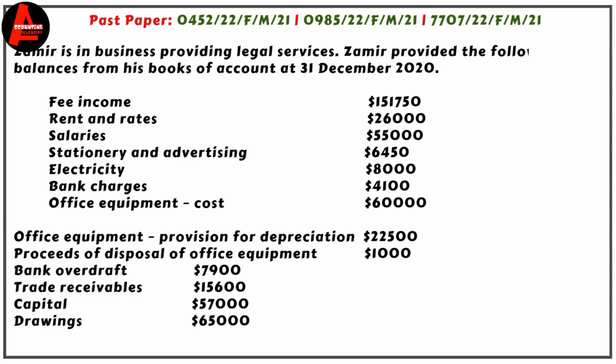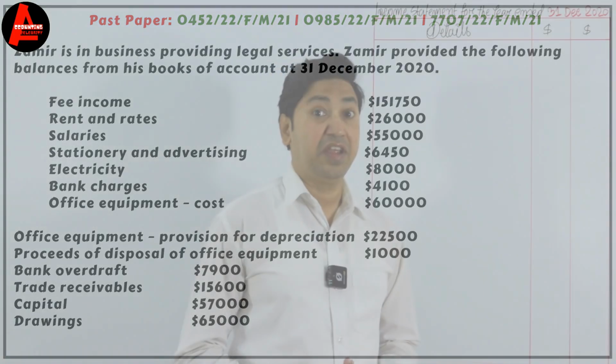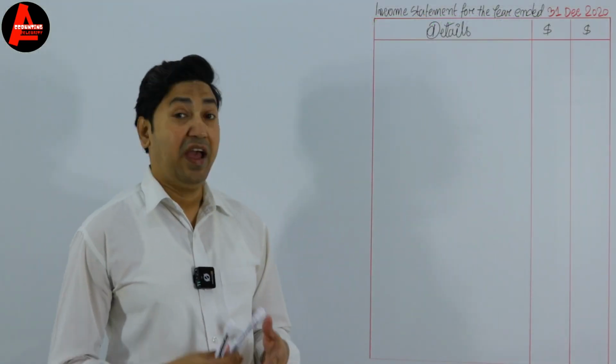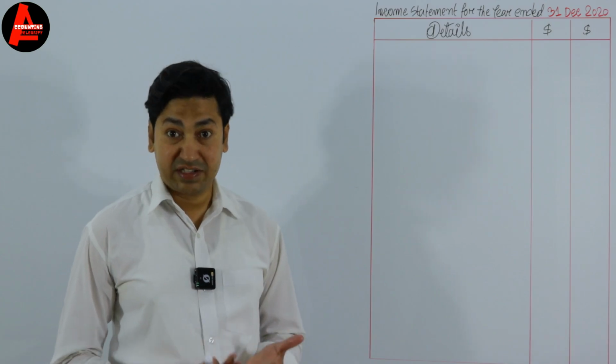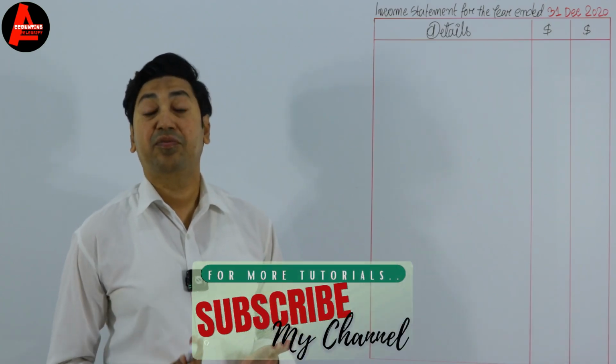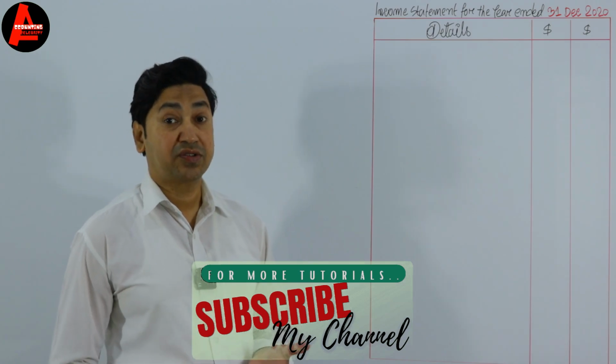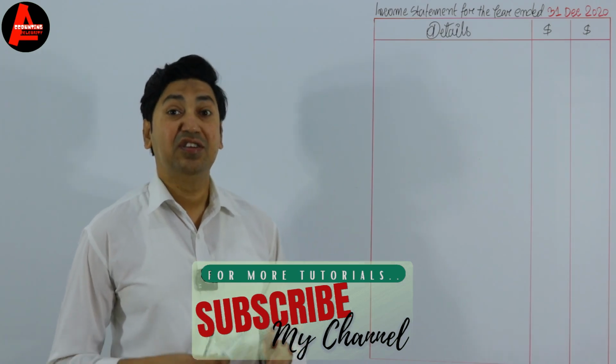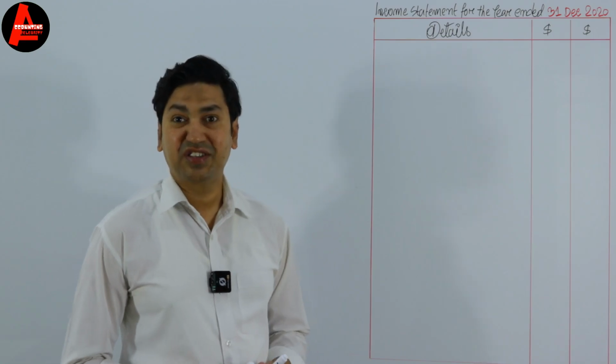On the list of balances, the first item is fee income, $151,750. This is the only income here, and all the others are expenses. First we will write the income, then from the income we will subtract all the expenses to calculate profit or loss for the year.